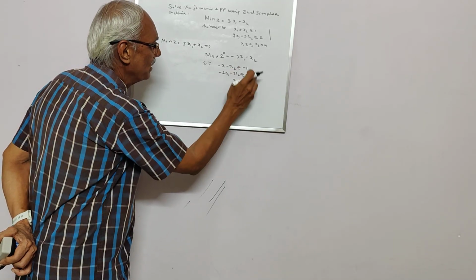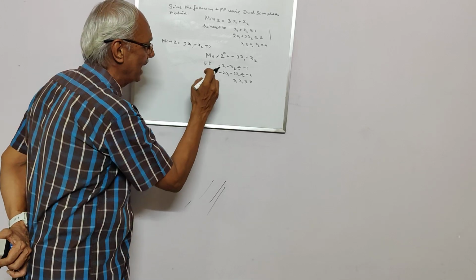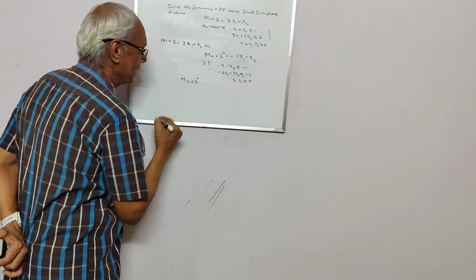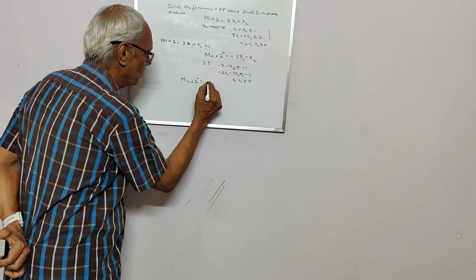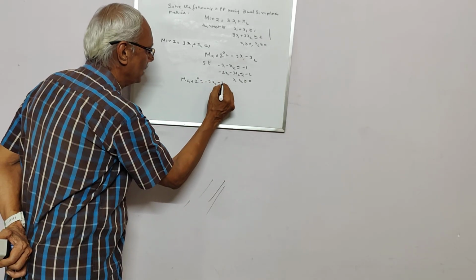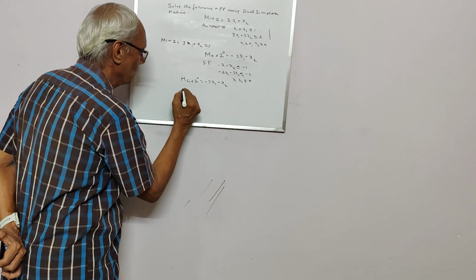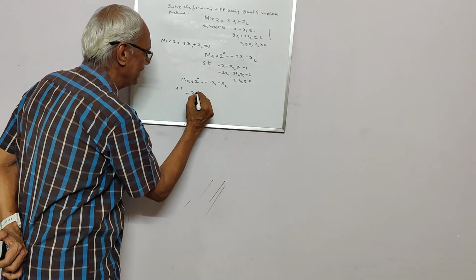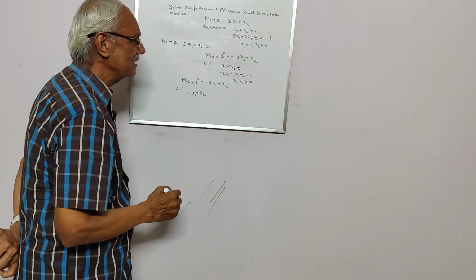I have to bring it to the equality form, in the sense that I will write this as max of z star is equal to minus 3x1 minus x2, subject to minus x1 minus x2.